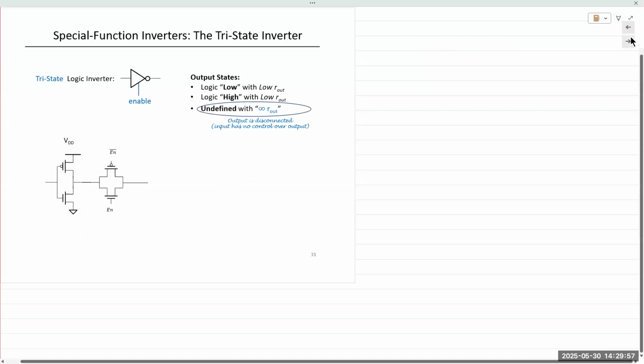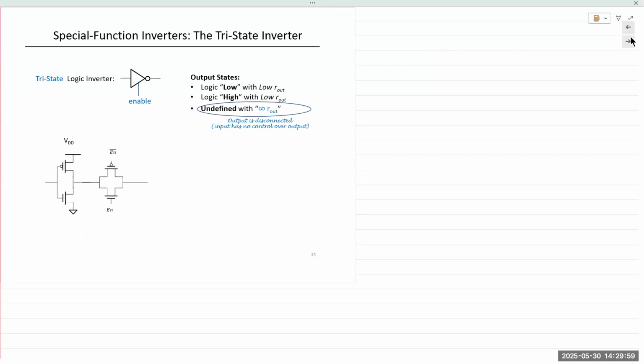All right, one special function inverter is the tri-state inverter. So in a tri-state inverter, we add a 3rd terminal known as enable. And all we are doing is connecting the output of an inverter to a transmission gate. So this is the inverter.